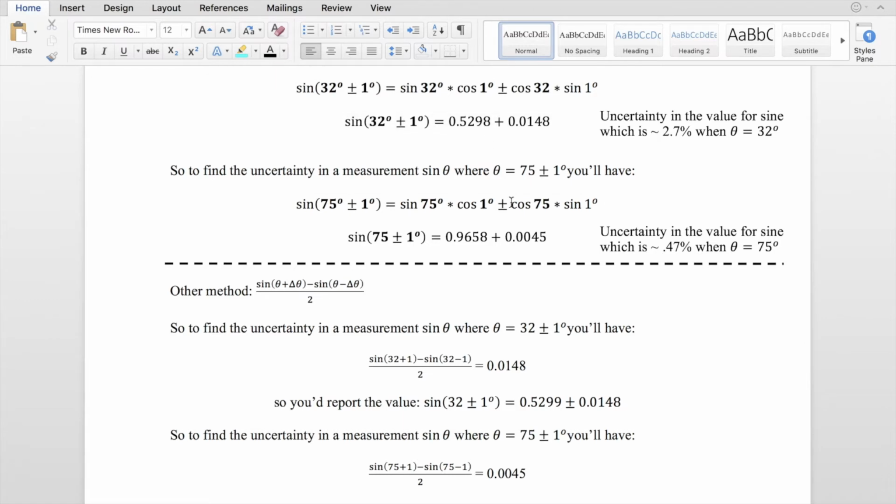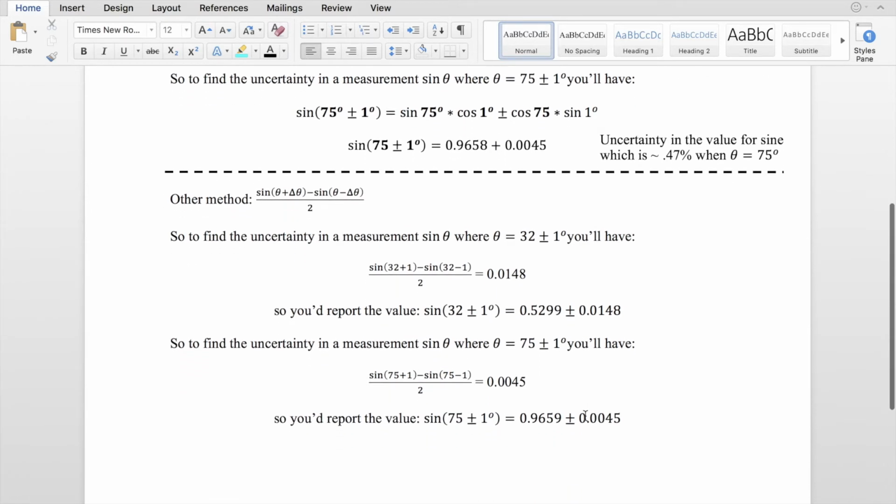So within a rounding error, they're close enough, within 1,000th of each other. And when we do the same thing with 75 degrees, we get the same uncertainty as before, and again roughly the same value for sine of 75 with a tiny little rounding error. So since both of these methods give us roughly the same answer, we can feel pretty comfortable using them.